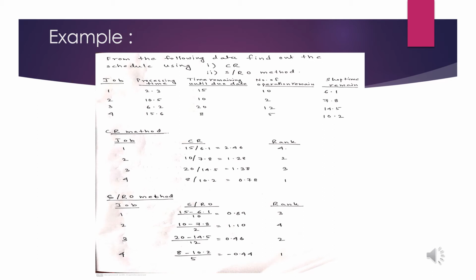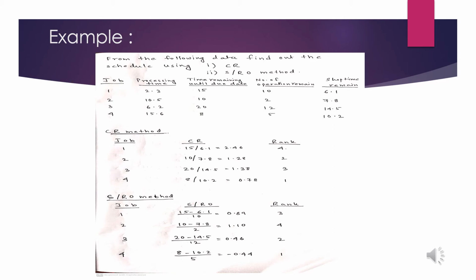It has been said that from the following data we need to find the scheduling using the critical ratio and the slack per remaining operations method, where the jobs are 1, 2, 3 and 4. The processing times are 2.3, 10.5, 6.2 and 15.6.